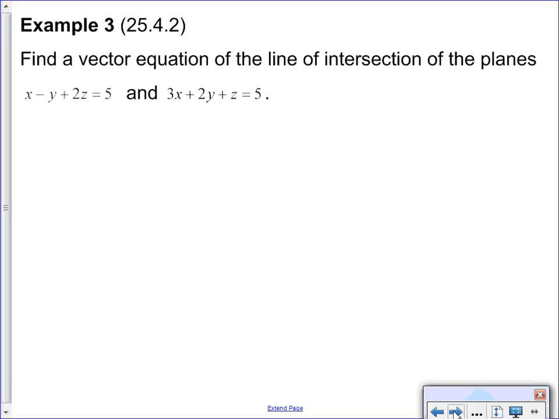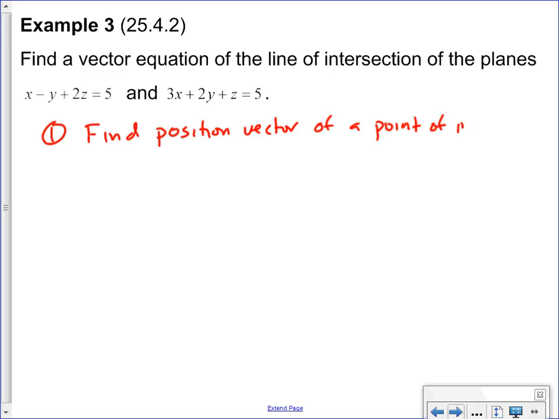So one, find the direction vector: the cross product of the normals.